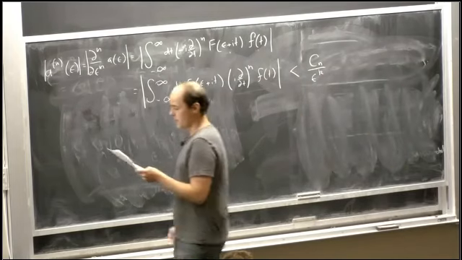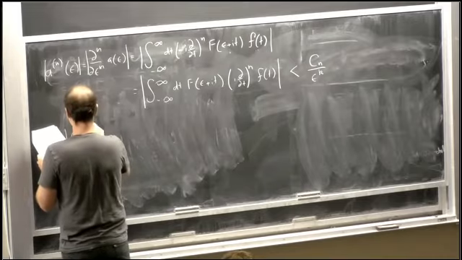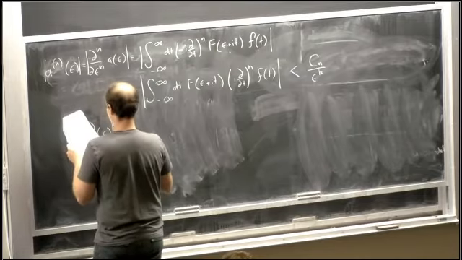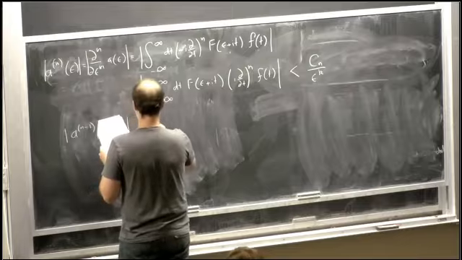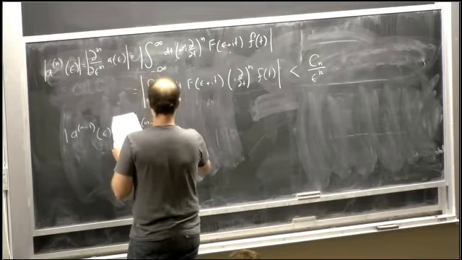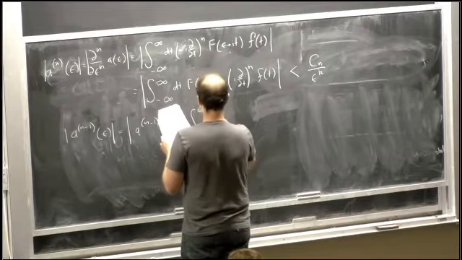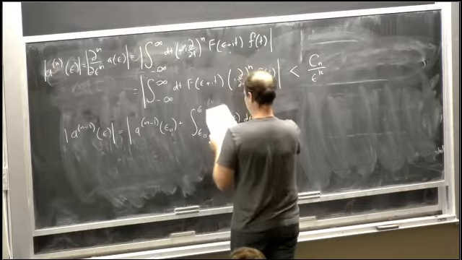Another way to say that is that we can decrease the derivative order by integrating. So we could look at A n minus 1 of epsilon, and this is A n minus 1 of some epsilon naught plus the integral from epsilon naught to epsilon of A n of epsilon, d epsilon.